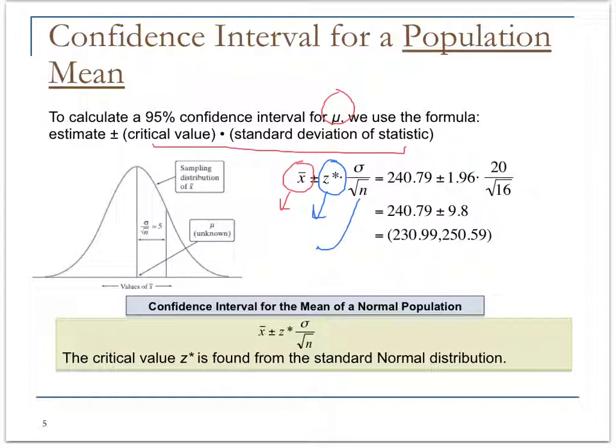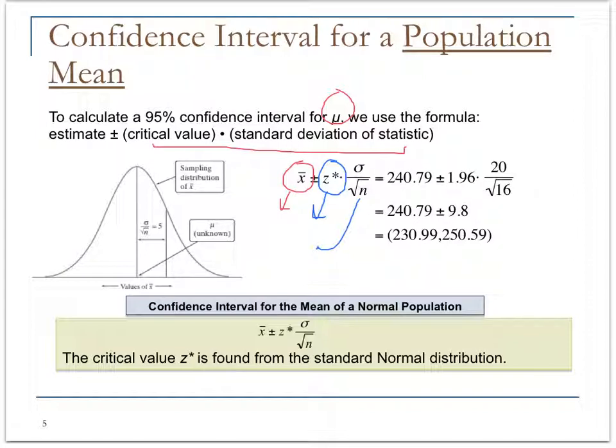But that's something you can look up easily. The standard deviation is sigma over square root of n, and we'll take a look at that in a little bit. But that should really look familiar to you from the sampling distribution of x bar. So that's our standard deviation of your x bar here, and that's how you can calculate a 95% confidence interval.